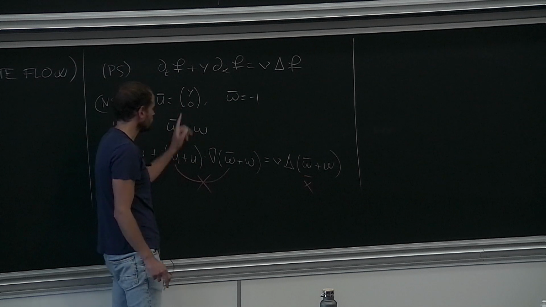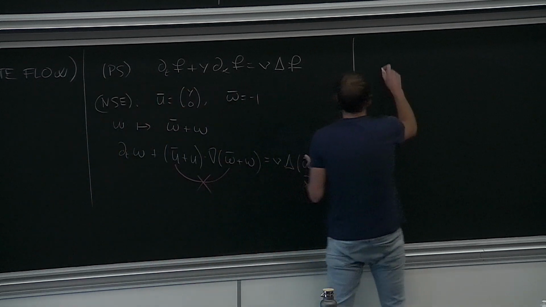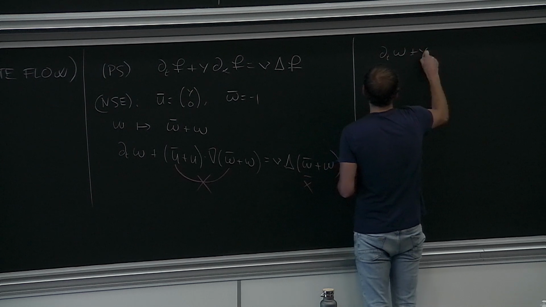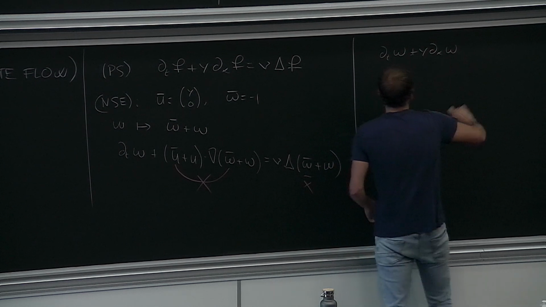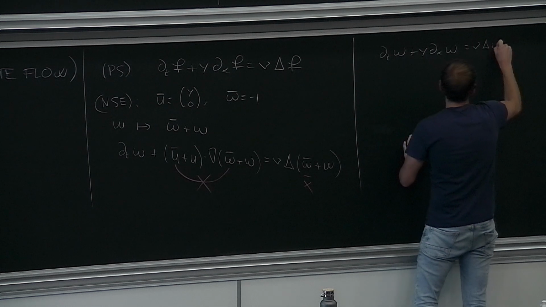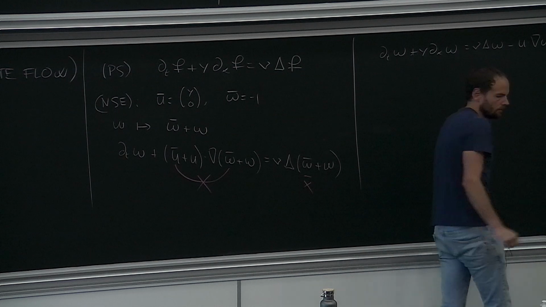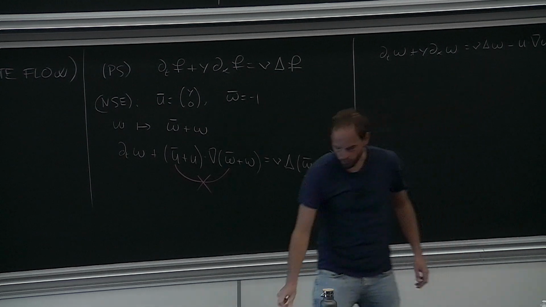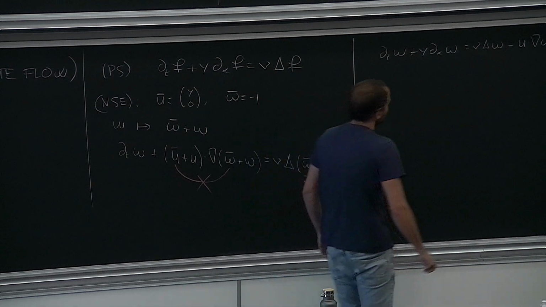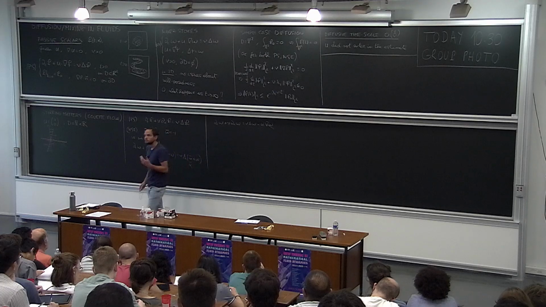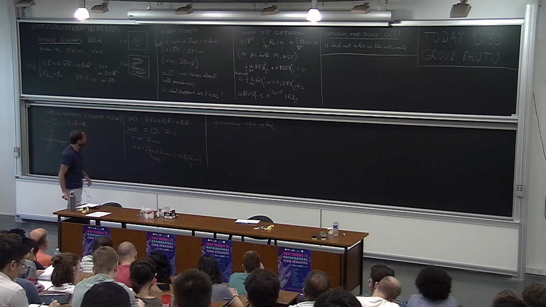So this will be just y dx omega. So I have dt omega plus y dx omega equals nu Laplacian of omega, and then the nonlinear term, which for now I will forget. And so I get exactly the same equation.